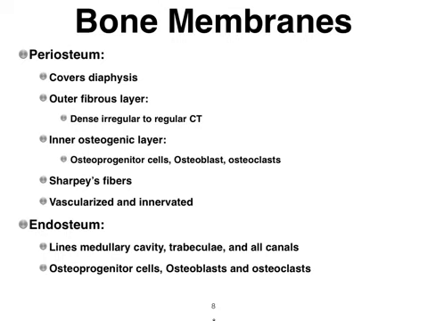So here we see them listed, the two membranes: the periosteum and the endosteum. If you listen to their names, they tell you where they are located. Periosteum, around the bone, right? Endosteum, inside of the bone.